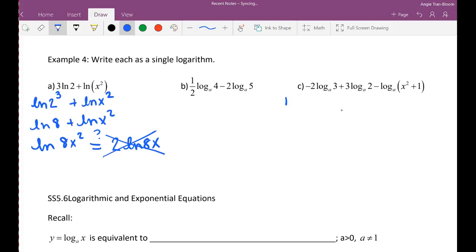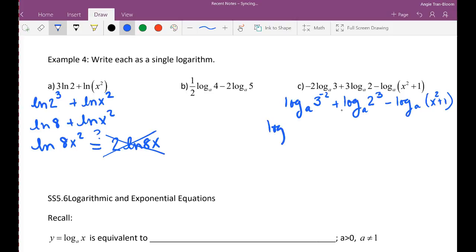So here we go. Log base A of 3 to the power of -2 plus log base A of 2 to the power of 3. And then I'm just going to drop this down because that doesn't have a product here. So I'm just going to rewrite those, okay? Let's simplify when we can. So 3 to the -2, Nick, what do we get? 1/9.